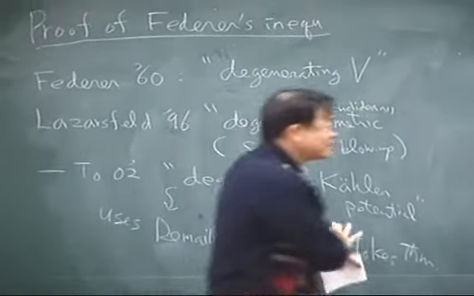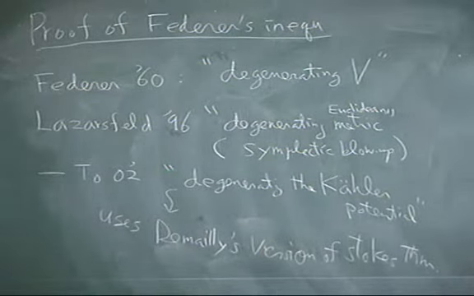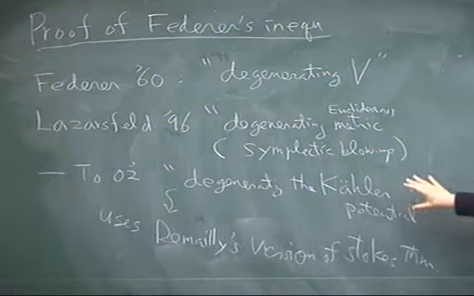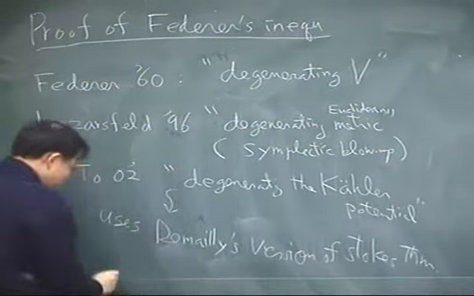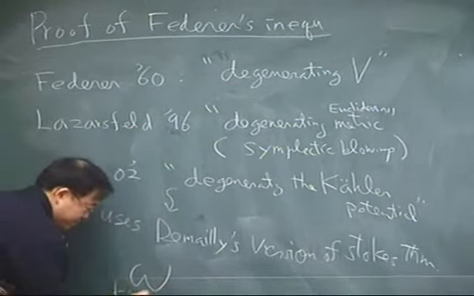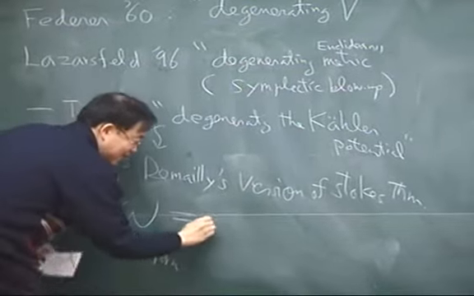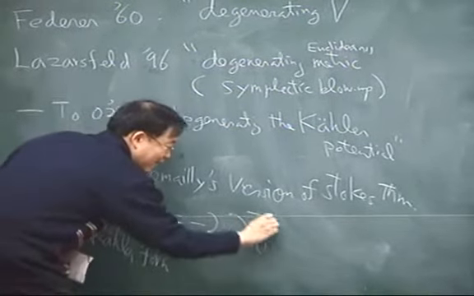Okay, I'm not going into details because certainly we don't have time. So maybe I'll just mention what the Kähler potential is. When omega is a Kähler form, you can locally always write it as dd bar of some function.